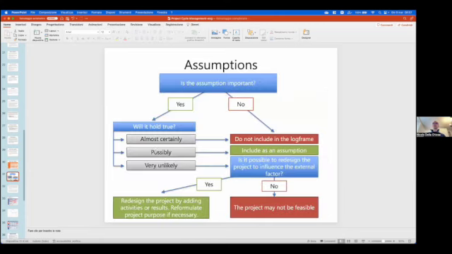Now, how do we identify which assumptions should be included in the project and which should not? So the reasoning about the assumptions is summarized in this slide. And the idea is that the first question we should ask ourselves is, is the assumption important?